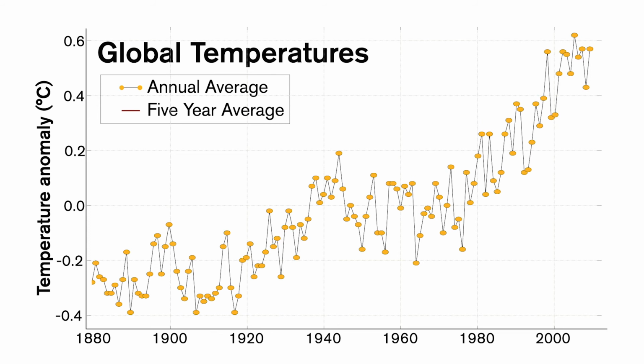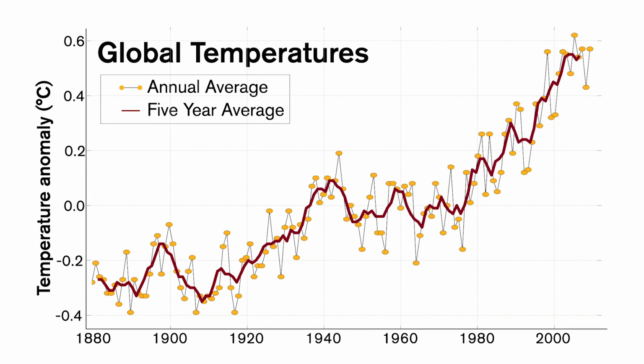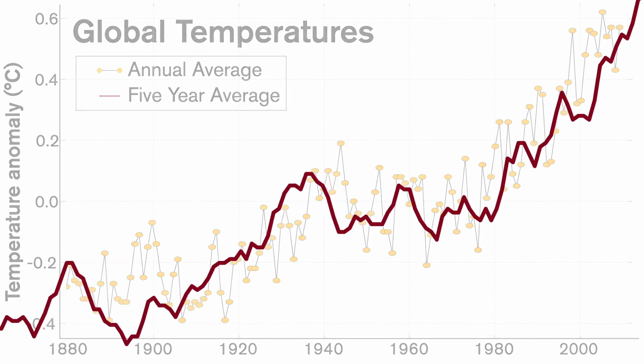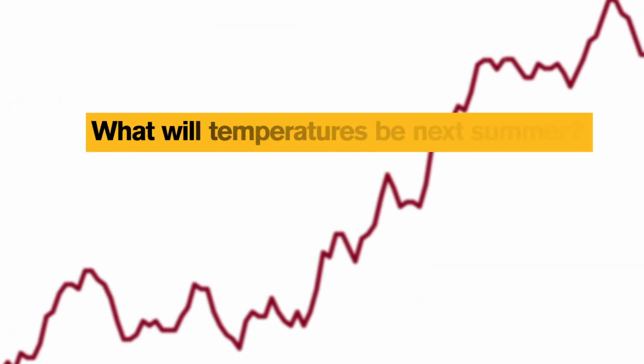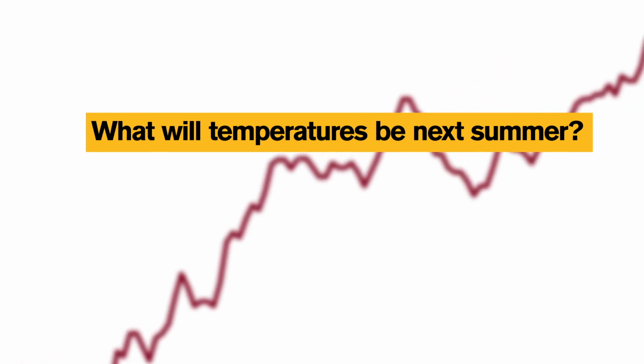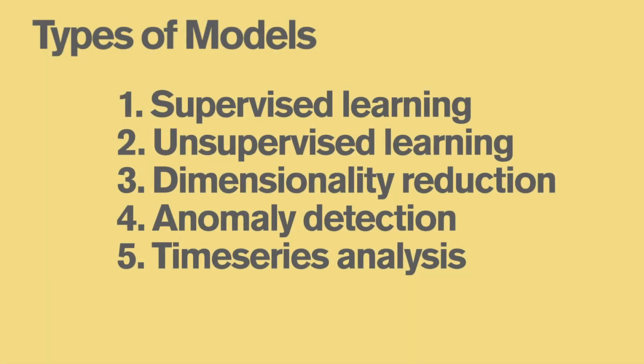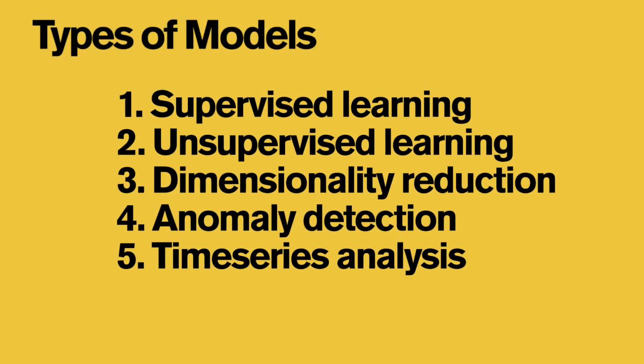In the summer, it's hot. In the winter, it gets cold. And you get this sine wave sort of pattern in your temperatures. Time series analysis takes those into consideration so that you can predict, okay, next summer, what will it look like as far as temperatures are concerned?